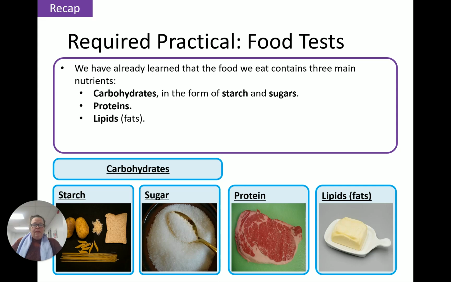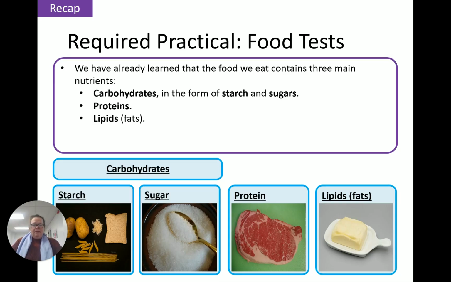We've got protein. Now they've got a nice slab of, I reckon it's beef, I reckon it's a steak. But it comes up in other things as well, like beans, otherwise vegans wouldn't survive. So just be aware of that.